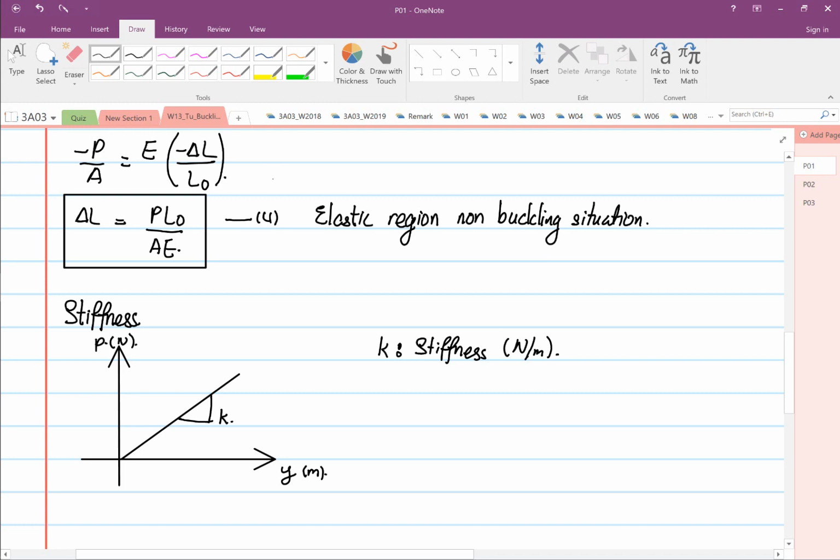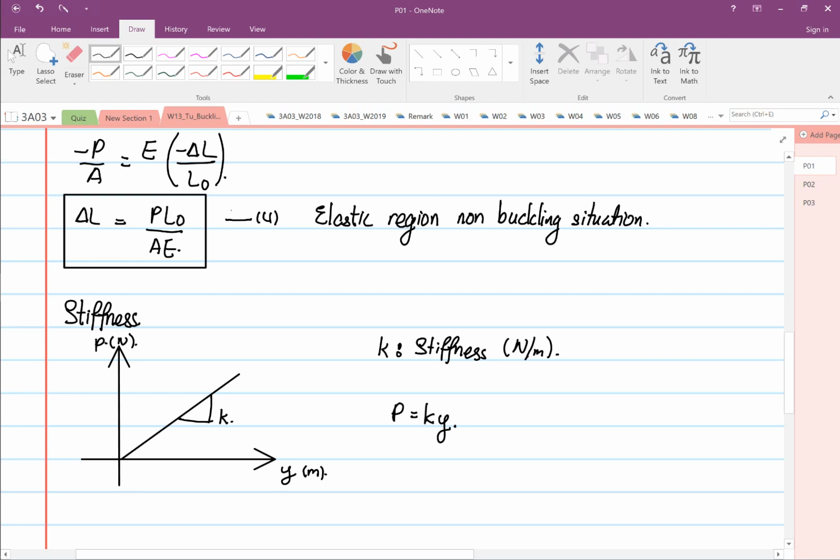That is, how much force is required to stretch one meter of elongation. That's called stiffness. So P is equal to K multiplied by Y.